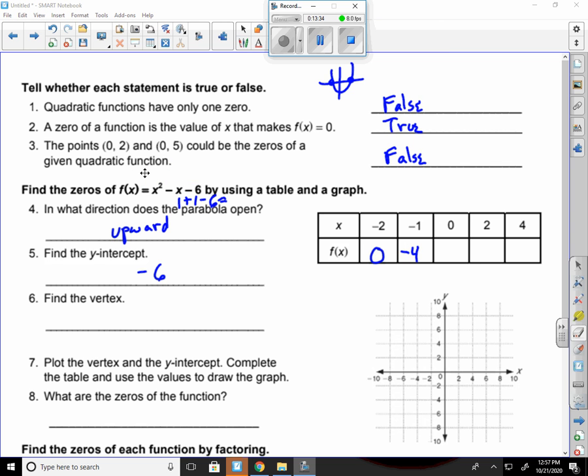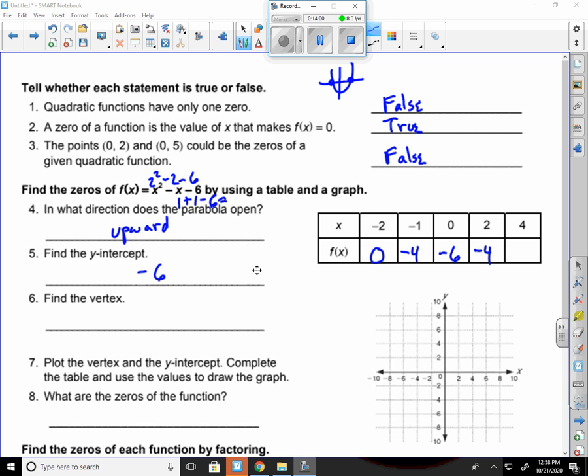Now I can plug a 0 in. 0 squared is 0 minus 0 is 0 minus 6. So that's negative 6. Plug a 2 in. 2 squared is 4 minus 2 minus 6. 4 minus 2 is 2. 2 minus 6 is negative 4.